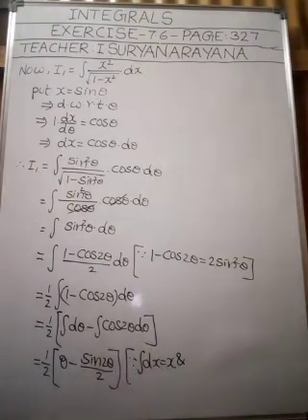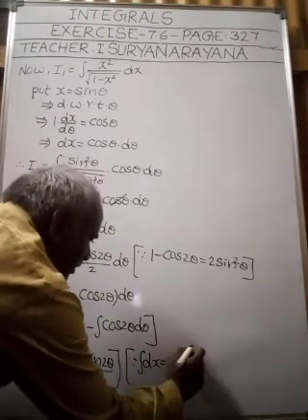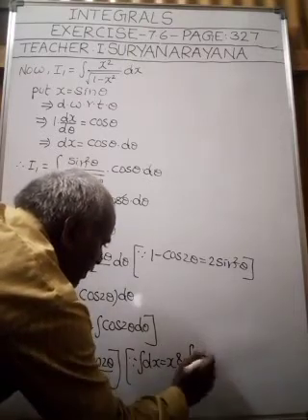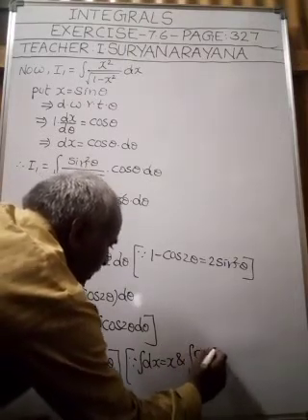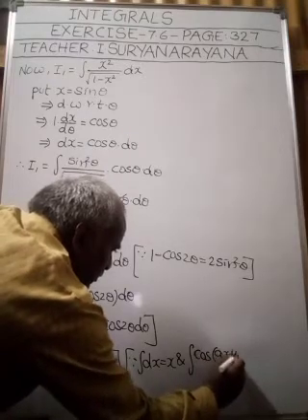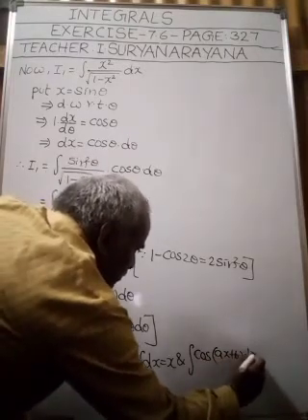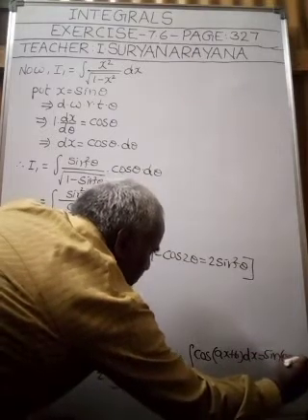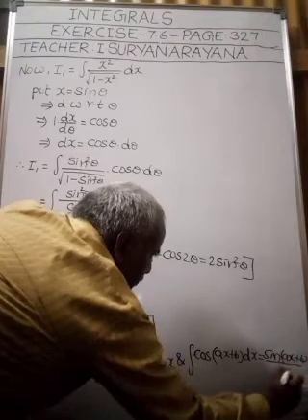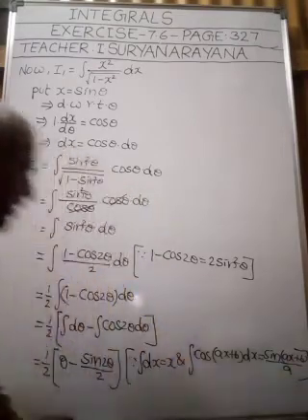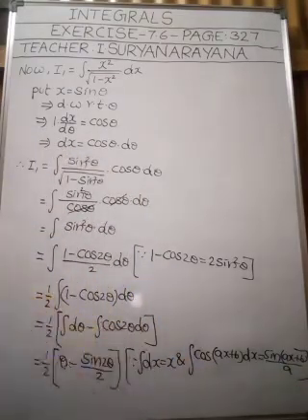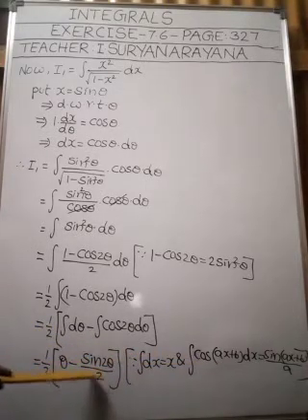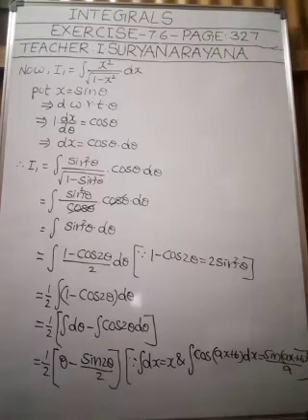For the first term, we used this integral formula, and for integral cos of ax plus b dx is equal to sine of ax plus b whole divided by a. By using these two integral formulae, we wrote these two terms. Okay, my children, understood? Right.